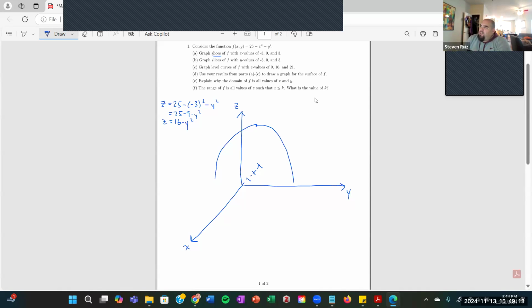So this was the slice when x equals -3. So let's do another one. Now when x equals 0, we're going to get z equals 25 minus 0 squared minus y squared. So when x equals 0, we're going to have 25 minus y squared. So that's going to be a parabola of a very similar shape, but it's going to extend higher up on the z-axis.